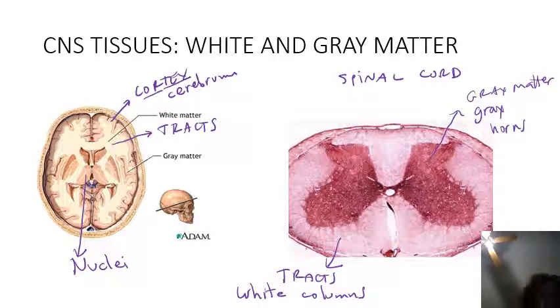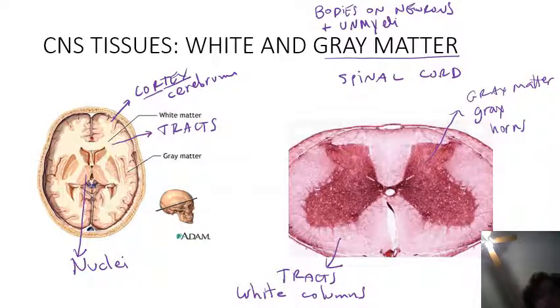Remember, the gray matter contains bodies of neurons and unmyelinated axons, while white matter contains myelinated axons.